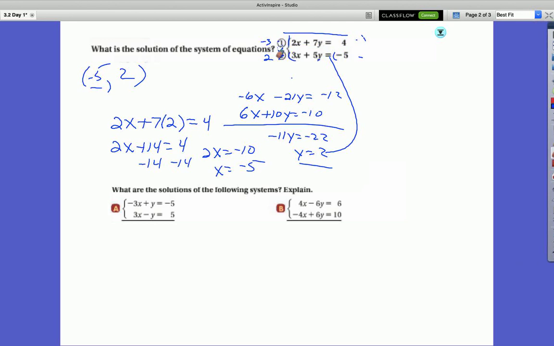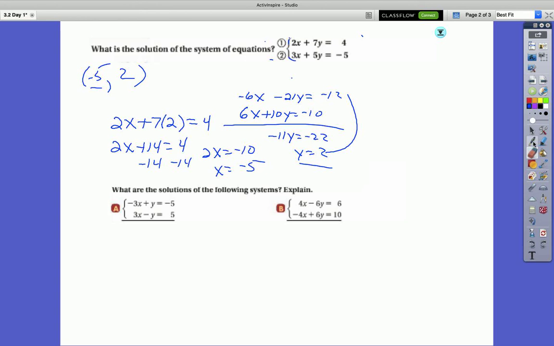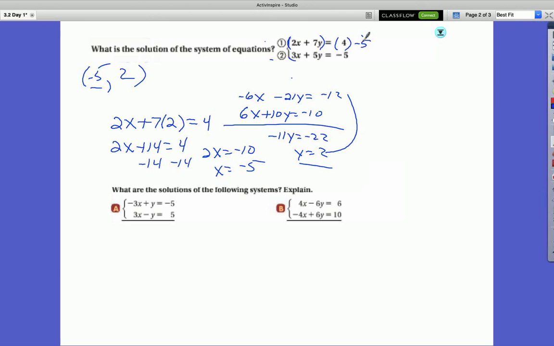Now, you could have approached this problem differently. You could have said, you know what, I want to cancel out the y's. I want to make the coefficients of the y's opposite. So then I would have multiplied this one by -5 and this one by 7. Now I'm not going to do all of it, but I am going to show you what would happen if you did that.